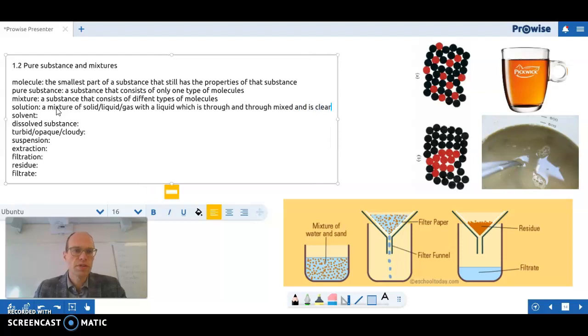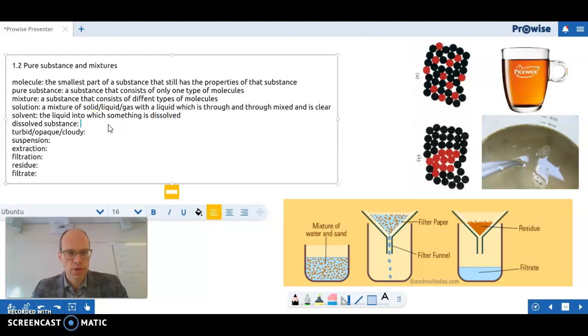So it's all these three things. And this liquid in which something else is put is called the solvent. It's what you dissolve something into. Solvent: the liquid into which something is dissolved.